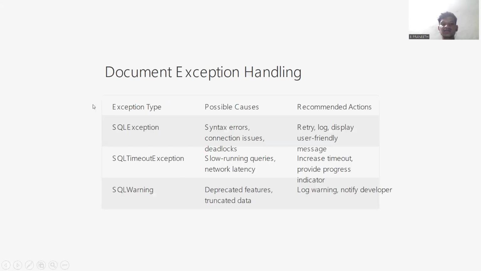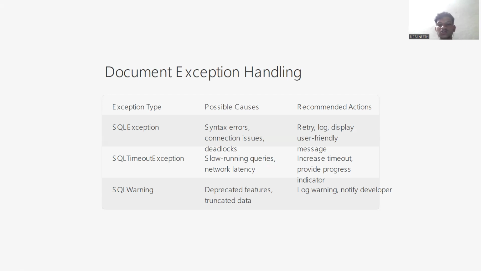Document exception handling: exception type, possible causes, and recommended actions. The exception type is SQLException. The possible causes are syntax errors, connection issues, and deadlocks. Its recommended actions are retry, log, and display a user-friendly message. Another exception type is SQLTimeoutException.